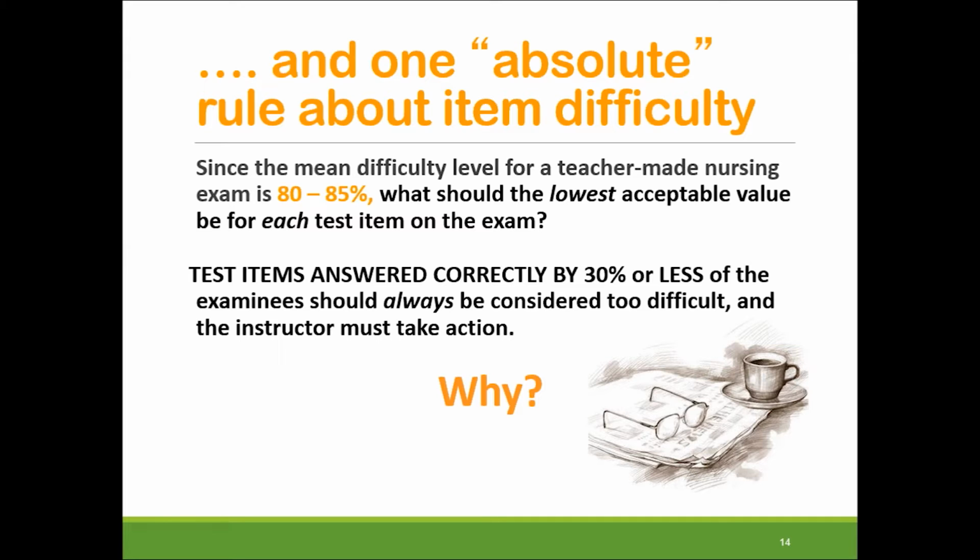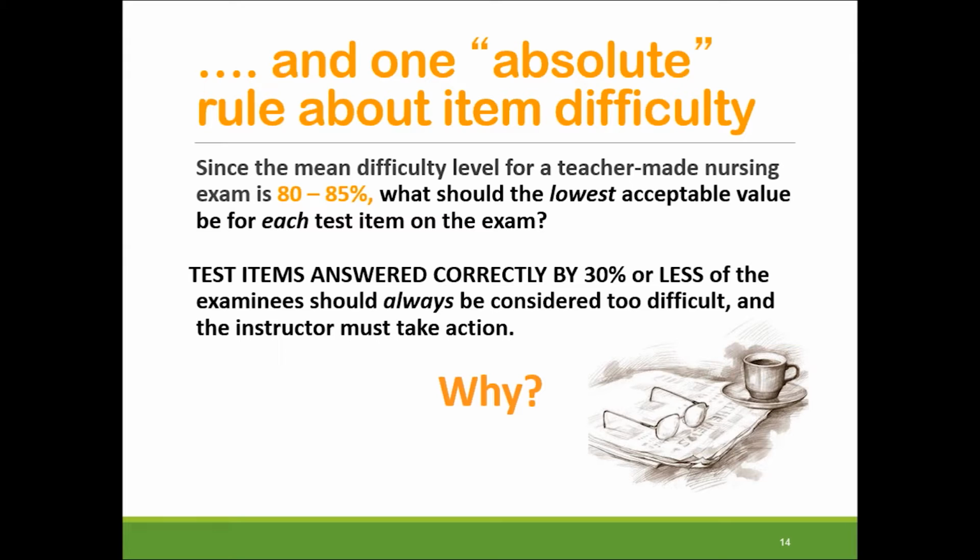Now, to the student, I'm sure they feel like they've hit the lottery if they can randomly select an answer. But to you as a faculty member, you've just lost ground. That's a question that is not giving you any usable information about what your students actually know or don't know about the concept that you're testing. So in this situation, this is your absolute rule: if you've got a test question with a difficulty level of 30% or below, you're going to have to take an action.